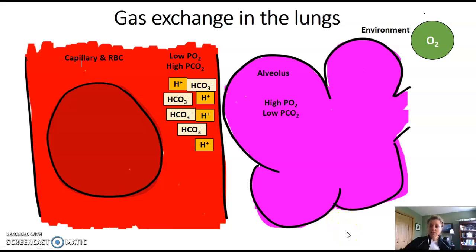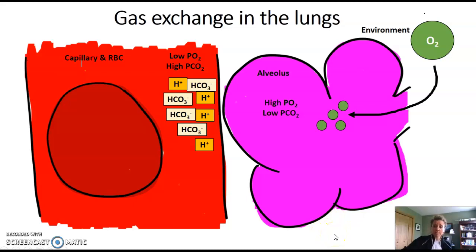So the oxygen is going to be inhaled through the trachea, through the bronchial tree, and it's going to enter the alveolar duct and enter into the alveolus itself. And so there are my little green circles that represent oxygen.